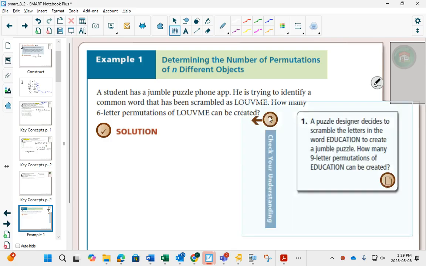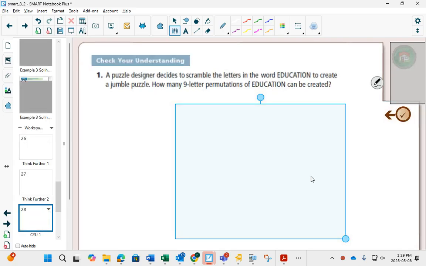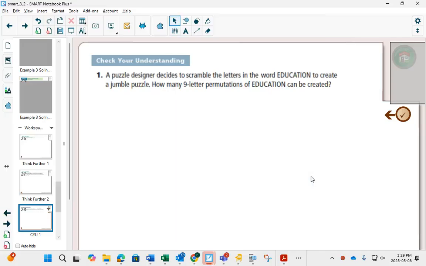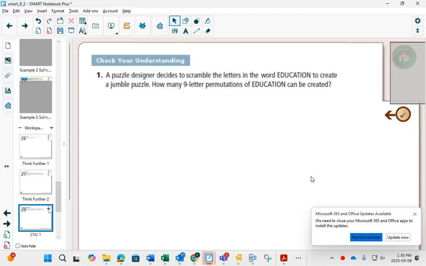So here's our first question. You ever get an app that has puzzles and stuff? Sometimes they have a puzzle where they mix up all the letters and you have to try to figure out what word it was originally.